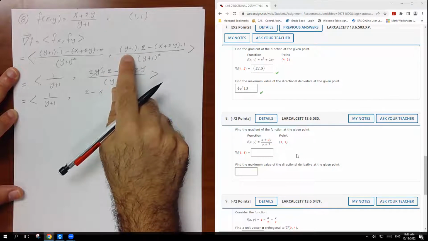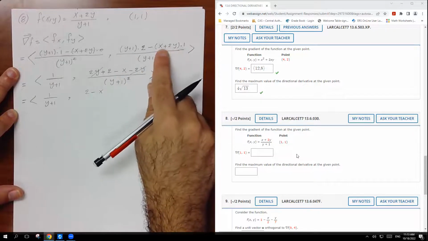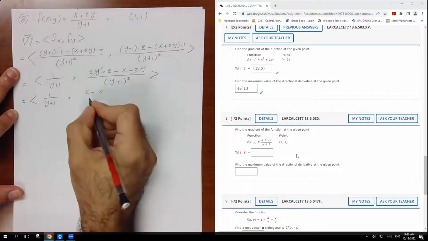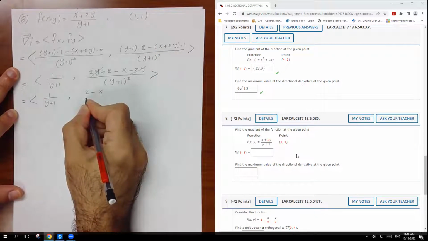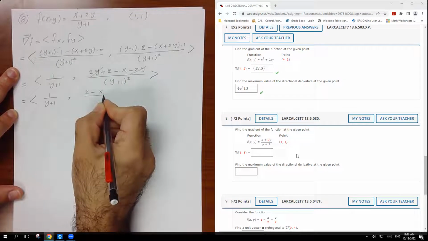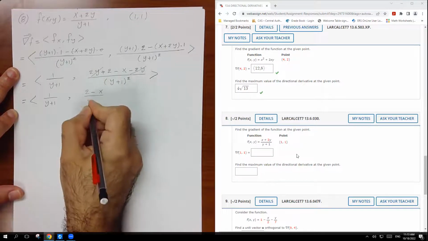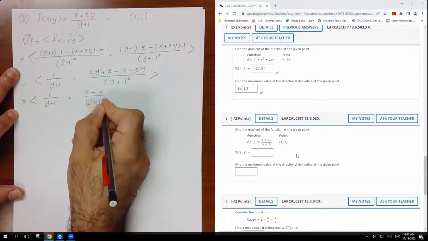And here is negative x. So it's going to be just 2 minus x over y plus 1 squared.